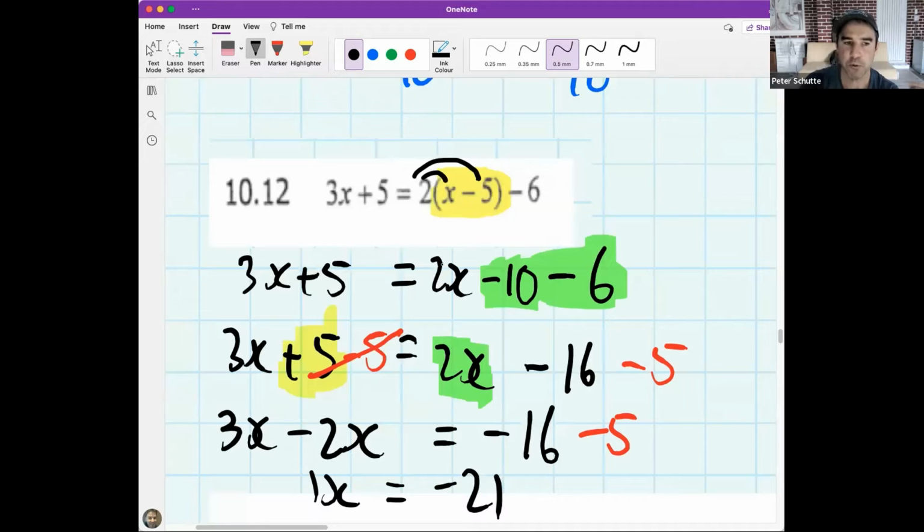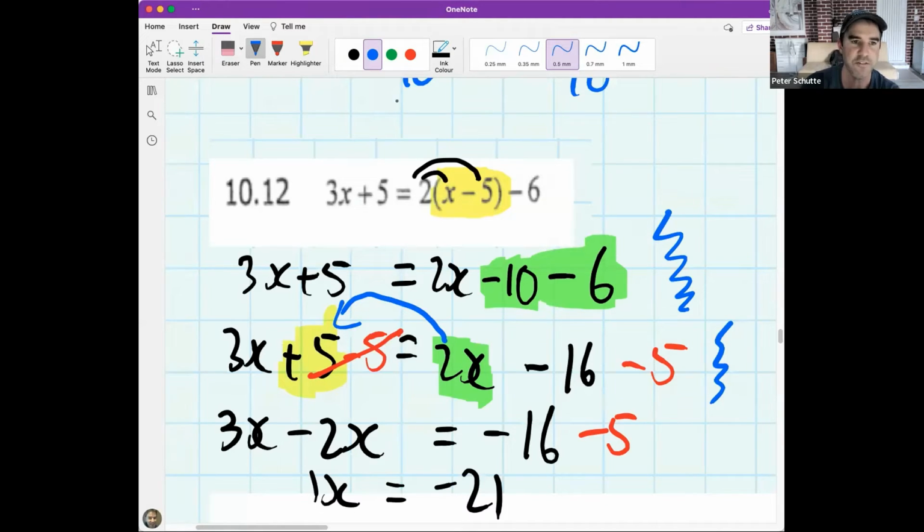And if we look at the processes we did, let's have a quick little walk down memory lane. Step 1 was multiplying out the brackets. Step 2 was collecting your like terms, like you told me. And then I had to deal with the green and the yellow bits. In order to do that, some students would say you move the 2x to the other side and it became minus 2x, although secretly we know we were taking away 2x from both sides.